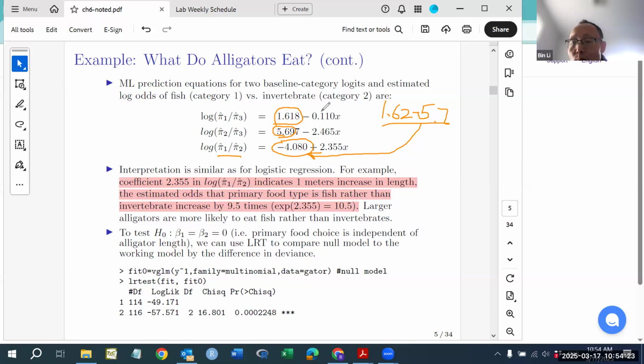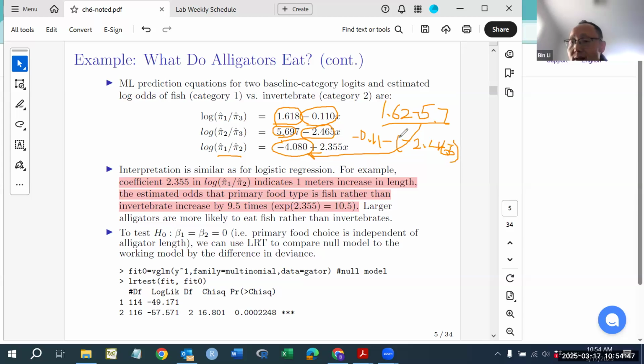Okay, but for the slope, same thing. Using this as a slope, so it's the negative 0.11 minus what? Minus this one. Okay, minus negative 2.465. All right?